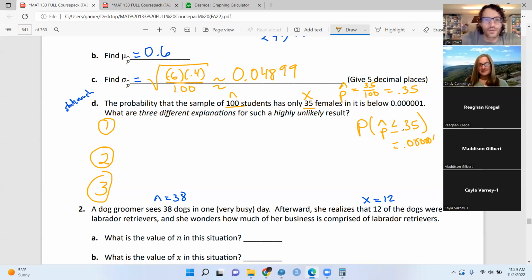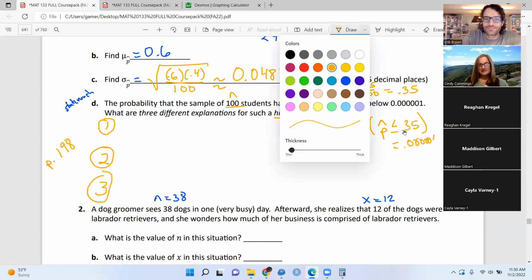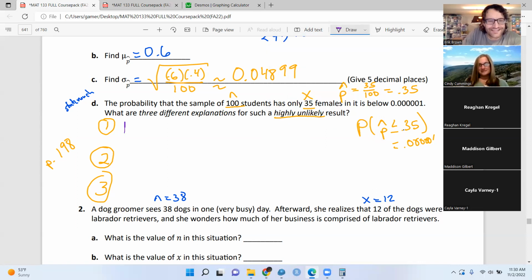What are 3 conclusions, 3 explanations for this highly unlikely result? If you're forgetting, I'll put page 198 here if you want to glance at that for a second. And write this on your reference sheet. The fluke is one of them.